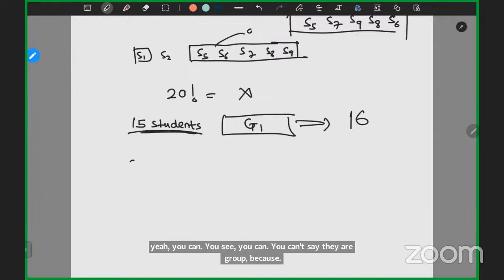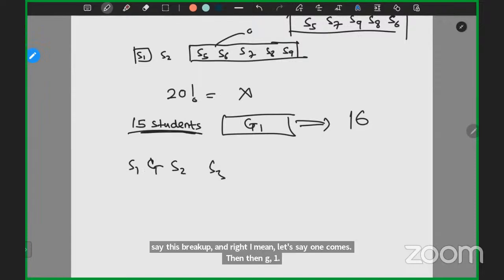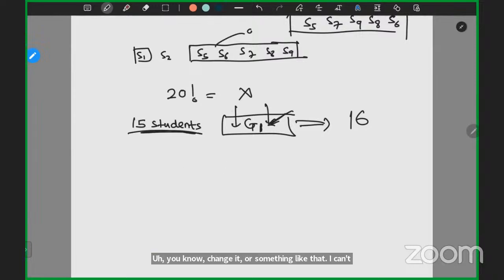Let's say S1 comes, then G1 comes, then S2, S3. But inside this G1, I can't go in between, I can't break it or change it. But here they are separate things. Even the ones who are after S9 can come in the front or wherever.